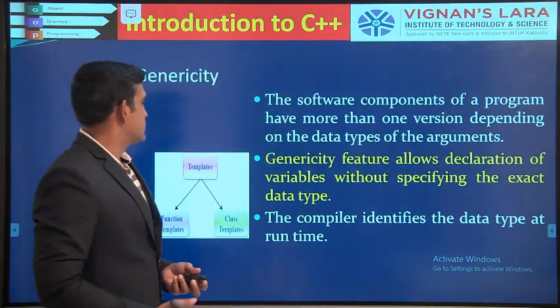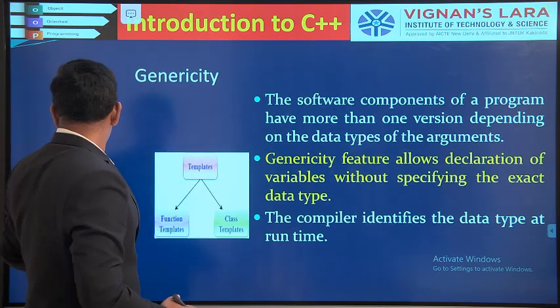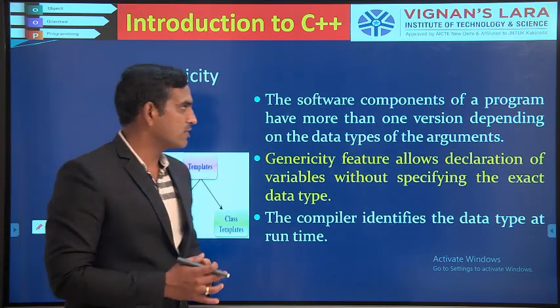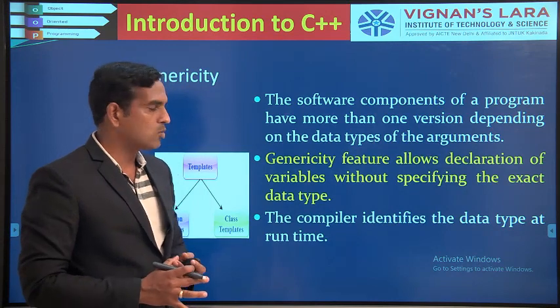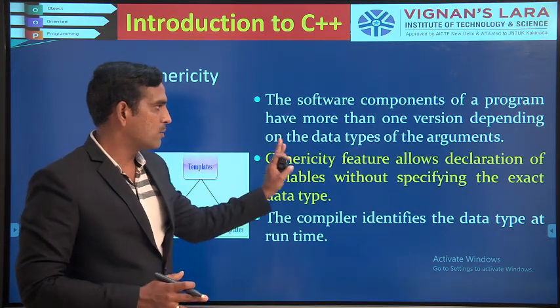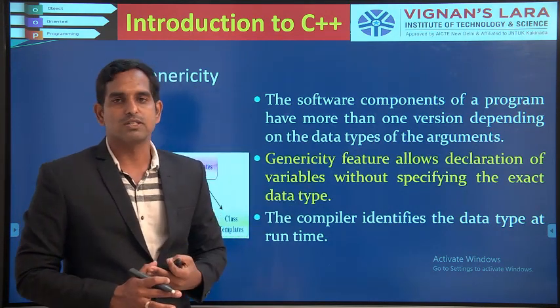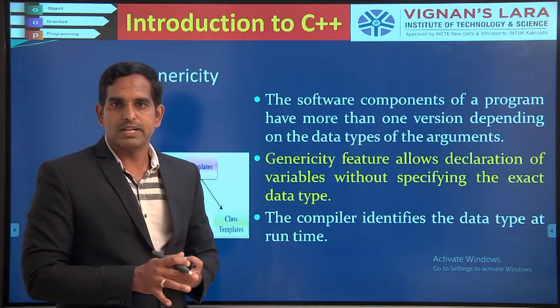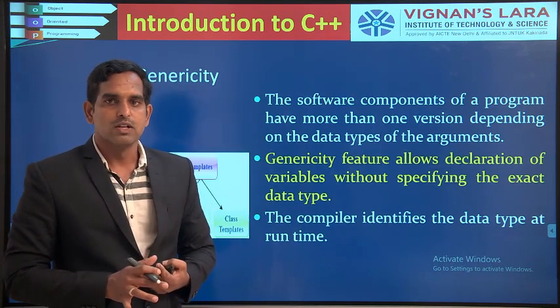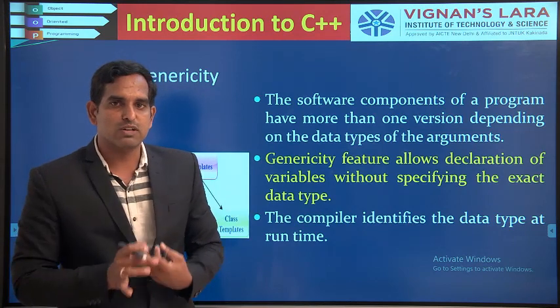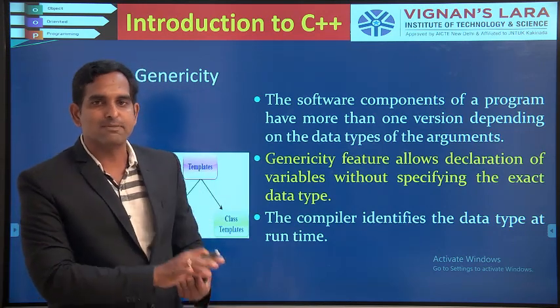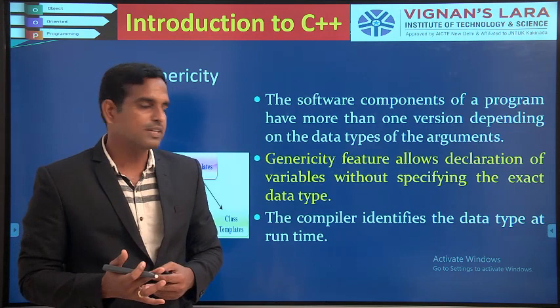The next one, genericity. The software components of a program have more than one version depending upon the data type of your arguments. Whenever you are writing a particular software or small program, that program might work for one set of data types and it might not work for another set of data types.